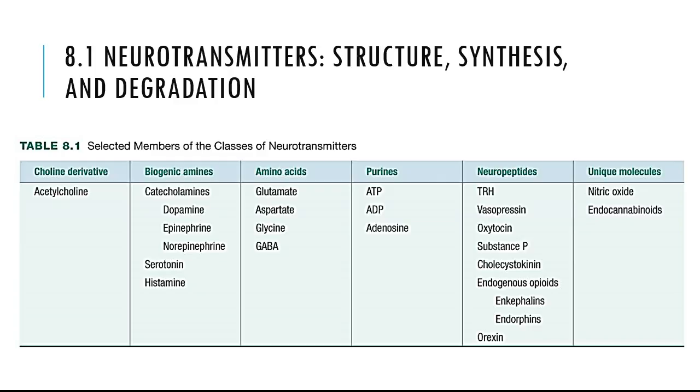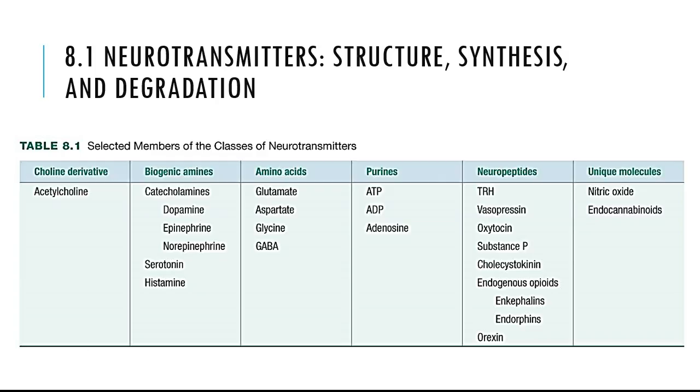Other peptides, this is something getting a little bit bigger than an amine. You may have heard of oxytocin. We talked about that this semester. It's a neurotransmitter, neurohormone. You've probably heard of endorphins before. So peptides act as neurotransmitters. Nitric oxide, a gas, can actually have neurotransmitter activity in the nervous system.